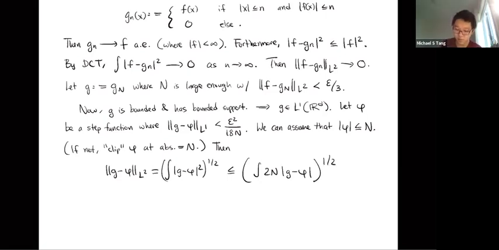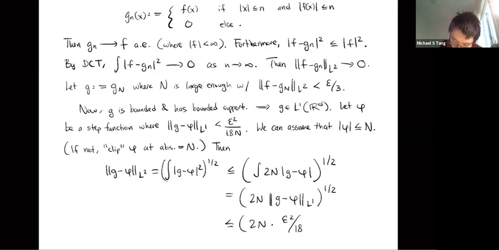And now you can see that after we pull out the 2N, we'll have the L1 norm. So this is 2N times the L1 norm of G minus phi, all to the 1/2. And now you can see how this is going to work. We have 2N times our bound that we wrote down above, and if we write down all the algebra and cancel, we get exactly epsilon over 3. So that's why that value is chosen.